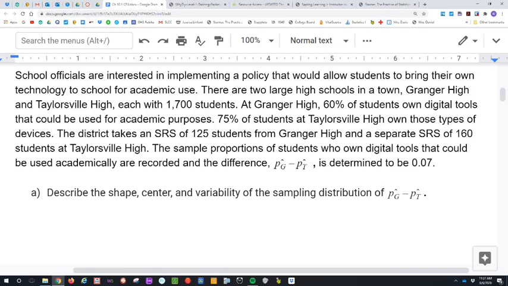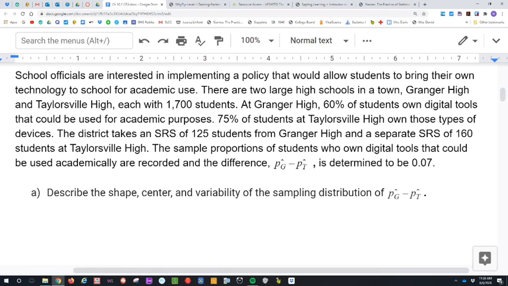School officials are interested in implementing a policy that would allow students to bring their own technology to school for academic use. There are two large high schools in a town, Granger High and Taylorsville High, each with 1,700 students.